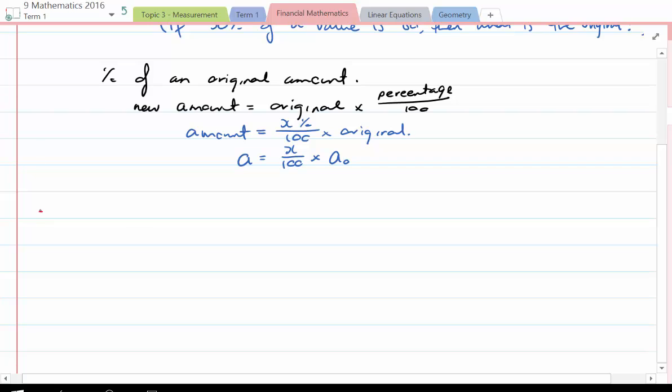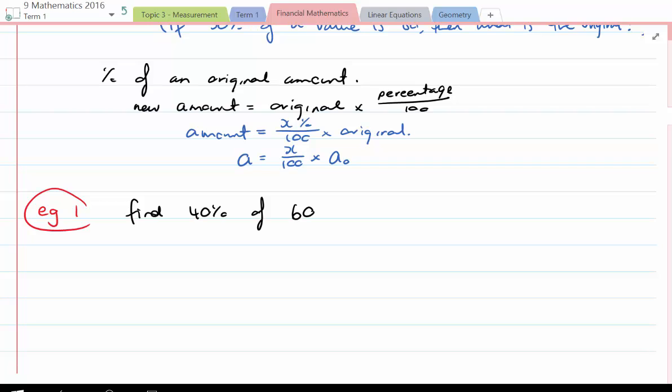Okay, so let's look at a really quick example. If we wanted to find 40% of 60, then that amount would be the percentage over 100, so 40 on 100 multiplied by the original, which is 60.